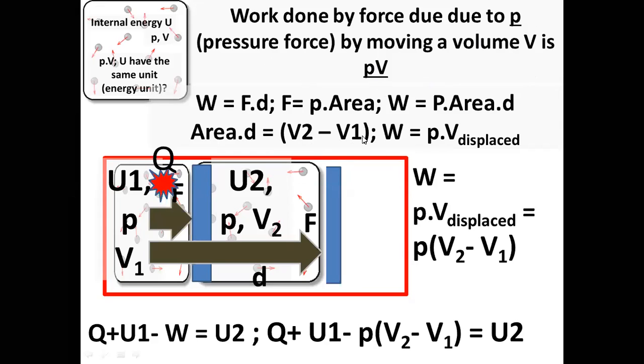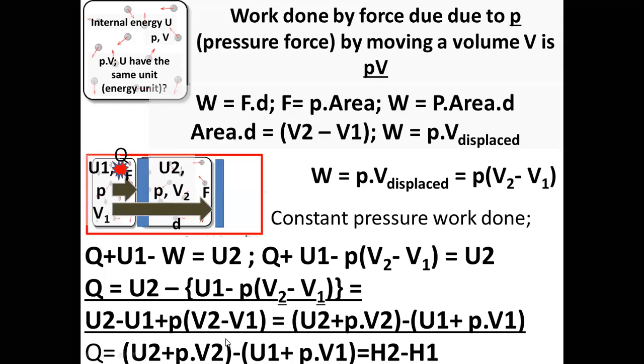The displacement or expansion, your energy balance: Q plus U1 minus W is U2. Hope you understand this. And finally, through the expressions, Q becomes H2 minus H1.